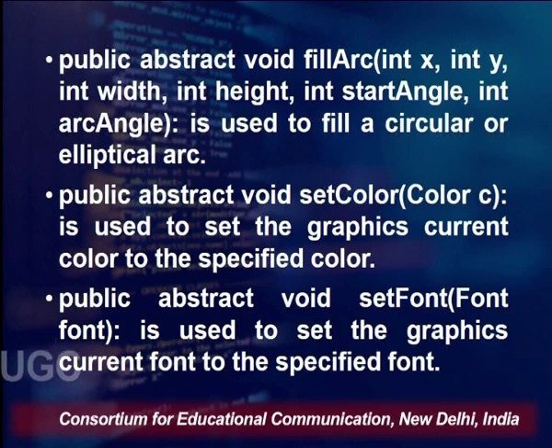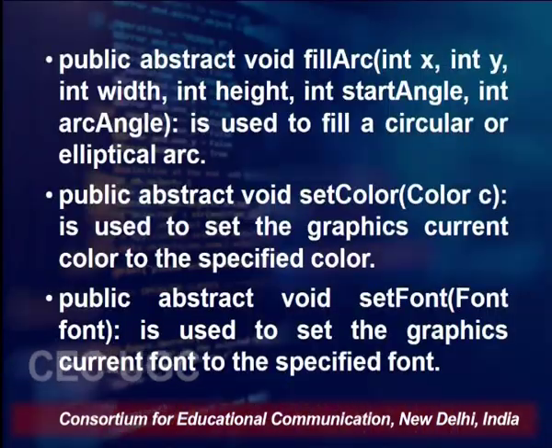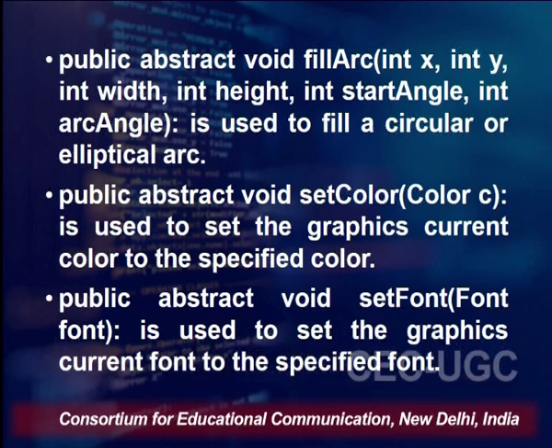Now, when we say default color, in order to play around with the color or set the color, we have the method setColor, which is also a void method, and within it we need to pass one color parameter. So, public abstract void setColor and the color parameter within the parenthesis, which is Color c.